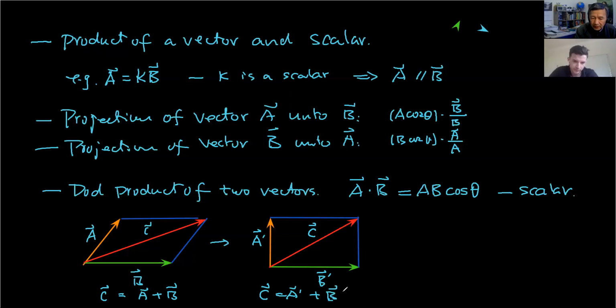However, in this case, the angle between A and B is 90 degrees.